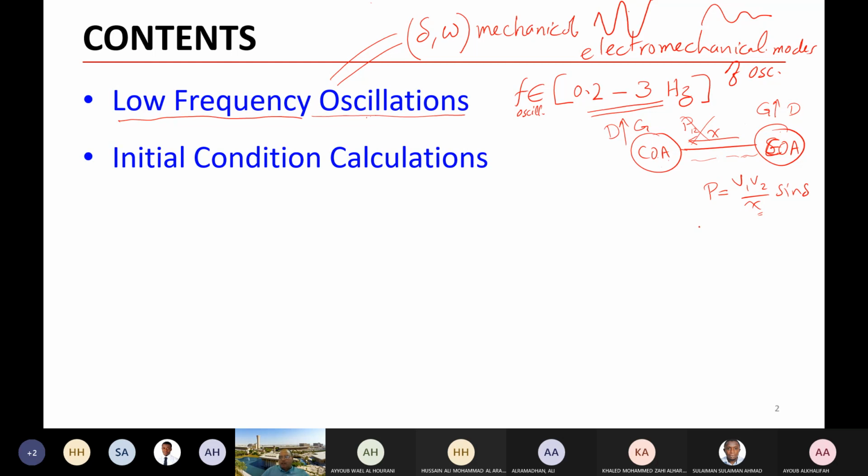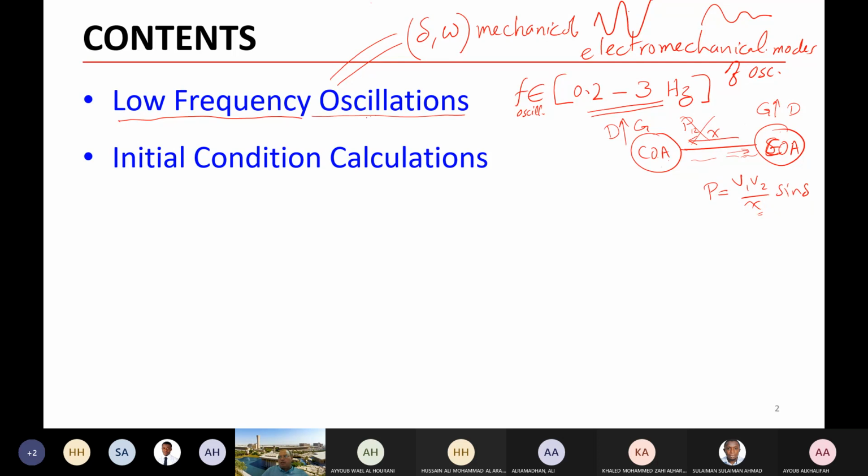Assume this is a load and this is a generator. The power comes from here to here. Now, if you start having the oscillation and this generator's power increases and decreases, you may have it negative, meaning that the power is going this way.